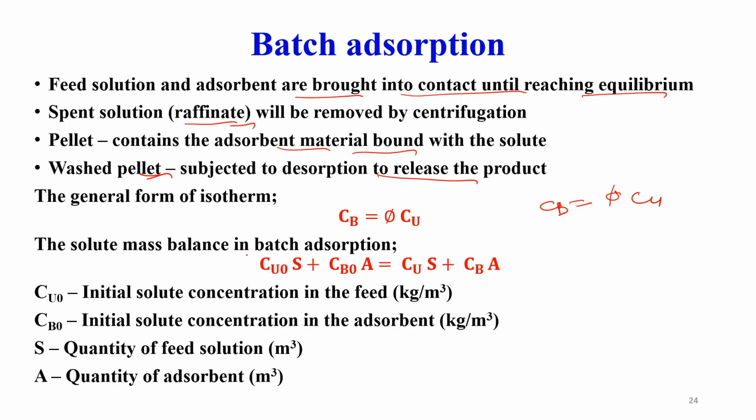Now, for the solute mass balance, the initial solute concentration in the feed Cuo into the feed rate, plus the initial solute concentration in the adsorbent Cbo into A, should equal Cu, the concentration in the feed, into S, plus Cb into A, where A is the quantity of adsorbent. So, you can simply do the adsorbent mass balance to see how it distributes among different phases.